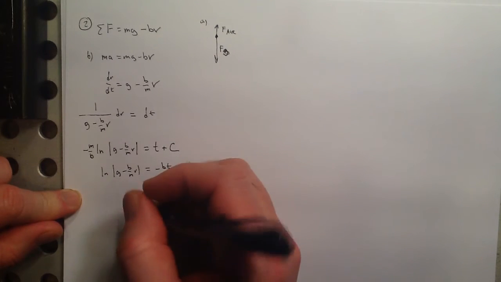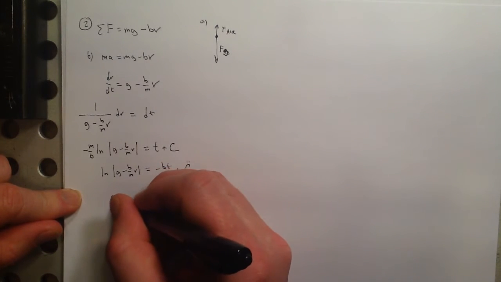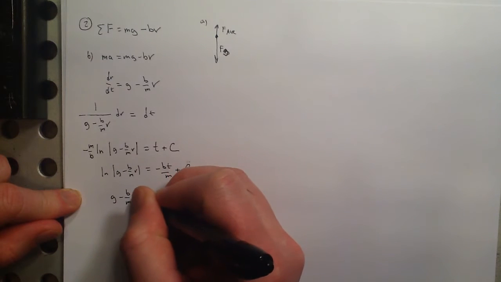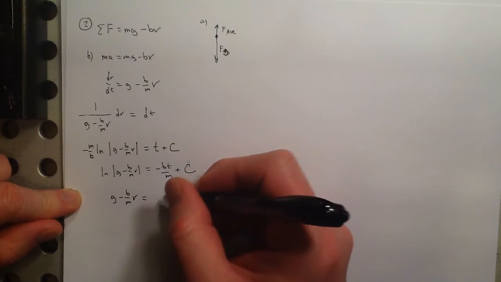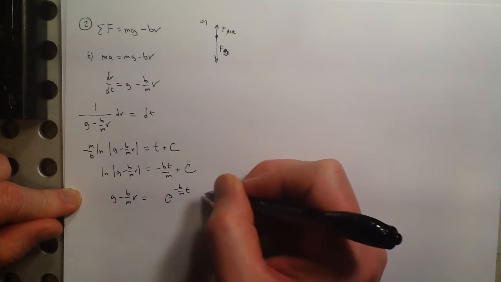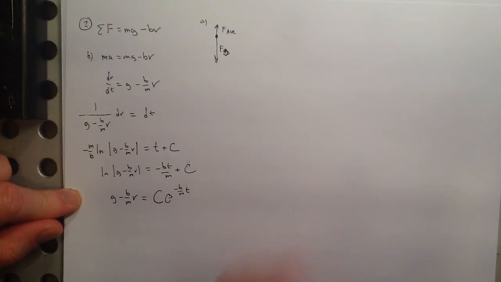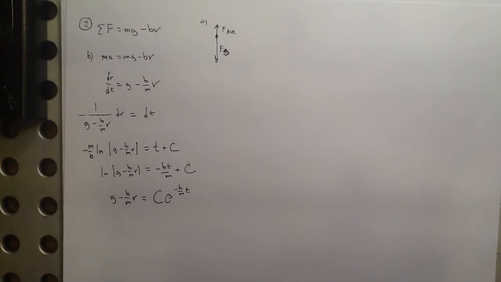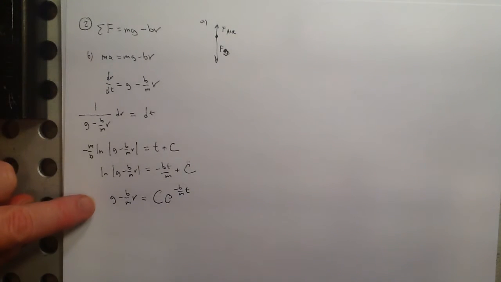And now I'm going to exponentiate, so g minus b over m v is equal to e to the minus b over m t plus c, which can come to the outside. I'd still like to solve this for v, so I'm getting there.